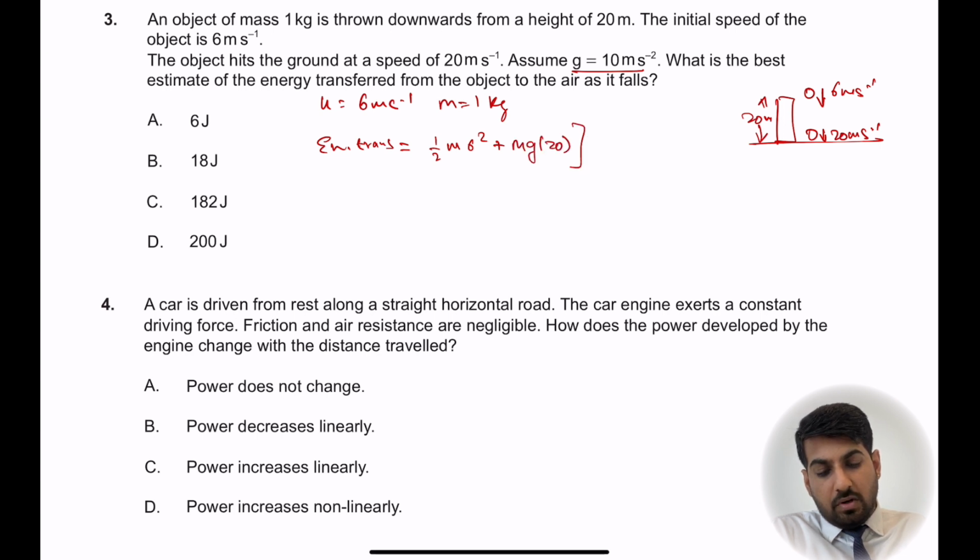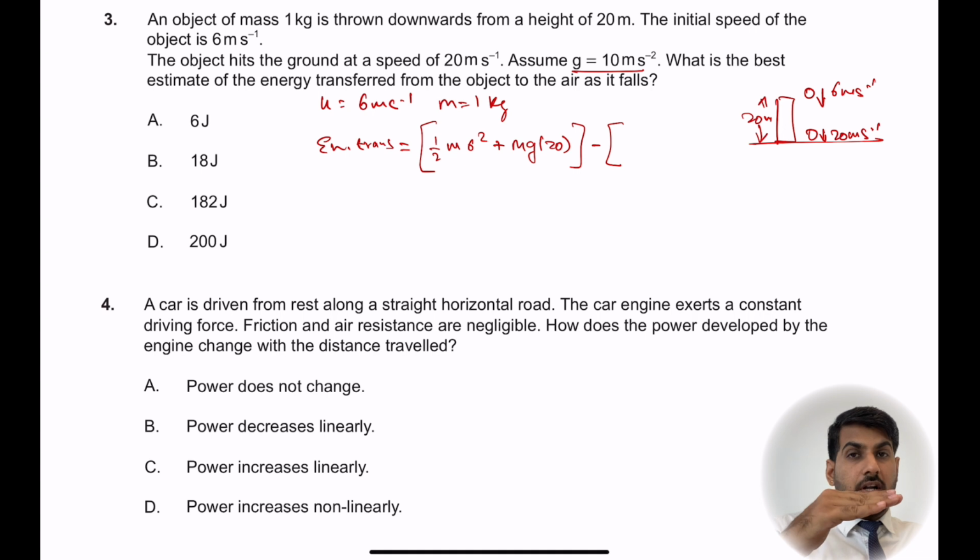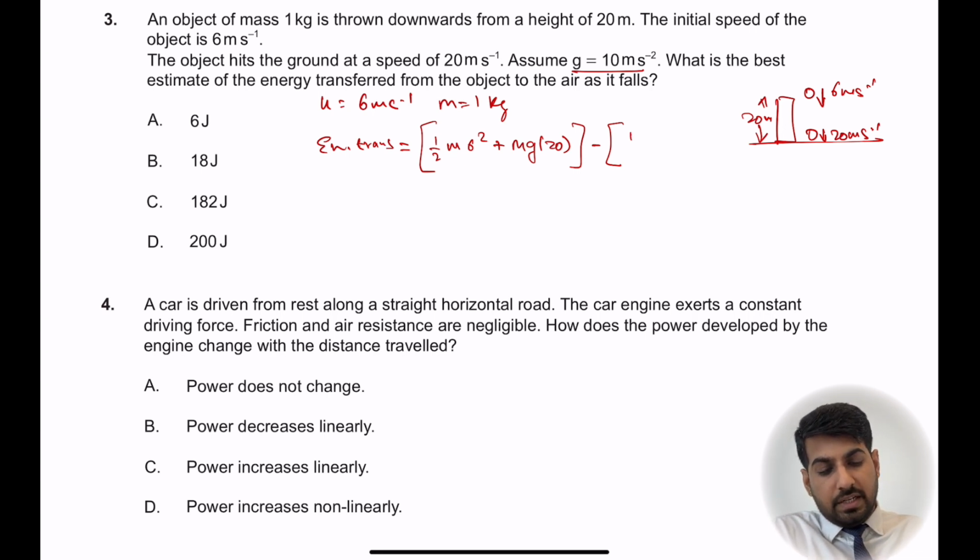So this is my initial energy minus, when it reaches just before hitting the ground, the height will be 0. So I can say only kinetic energy, which is half m 20 square. Now when you calculate this, I can take mass as common.